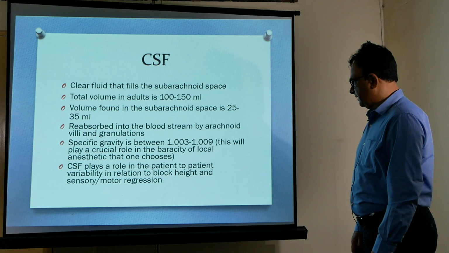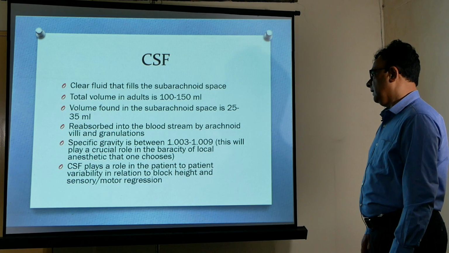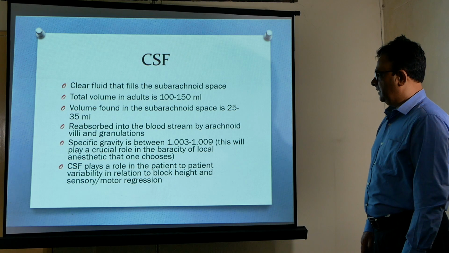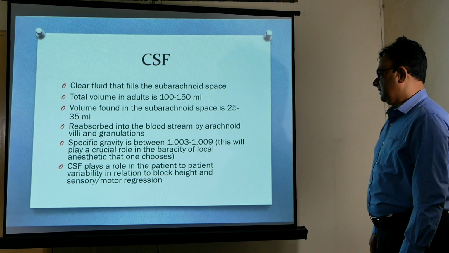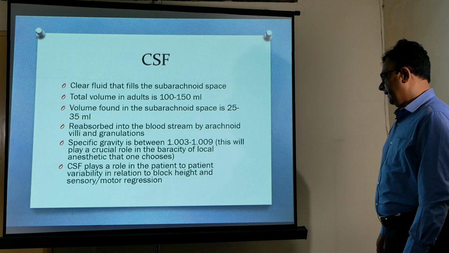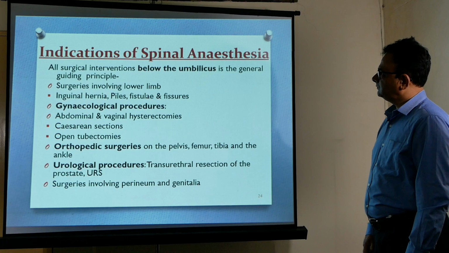Specific gravity of CSF is between 1.003 to 1.009. This will play a crucial role in the baricity of the local anesthetics that one chooses. CSF plays a role in the patient to patient variability in relation to block height and sensory motor regression.